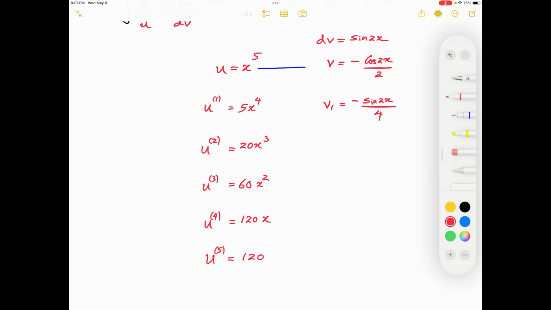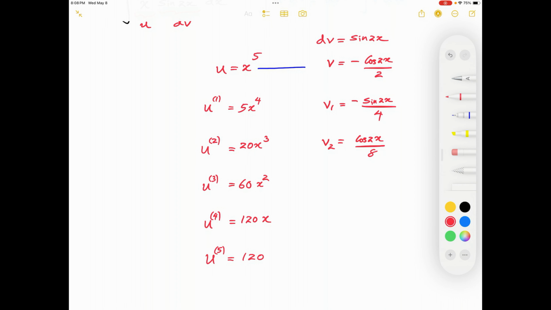I need to integrate it again, which will be written as v sub 2, which is going to be equal to negative 1/4 times the integral of sine 2x, which is equal to negative 1/4 times negative cosine 2x divided by 2. It will be simplified to positive cosine 2x divided by 8.